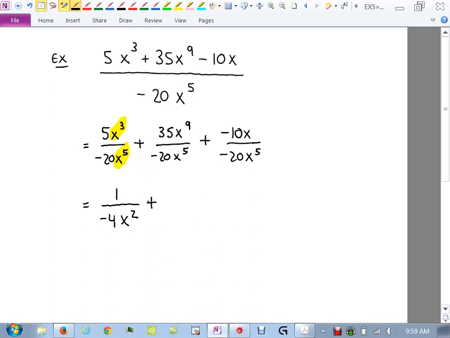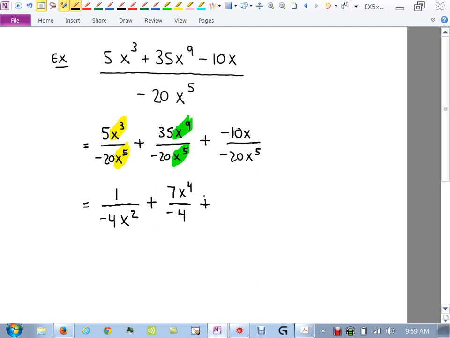Plus. What about the x to the ninth over x to the fifth? That's x to the fourth. Top or bottom? Top. What about 35 over negative 20? What goes into both 35 and negative 20? 5 again, right? So 7, and what else is up here? x to the fourth, good, over negative 4 again, right?